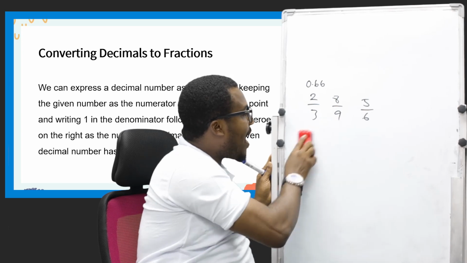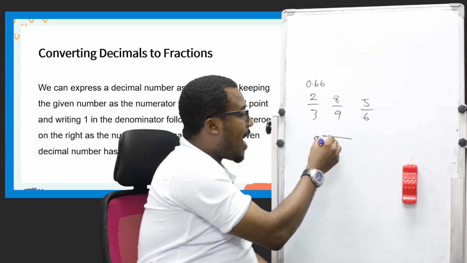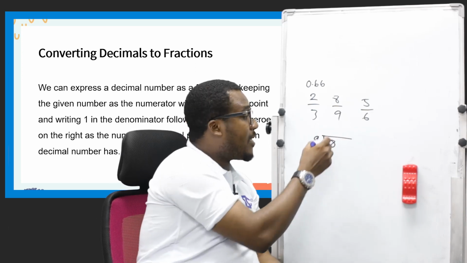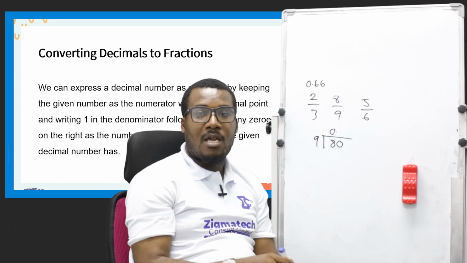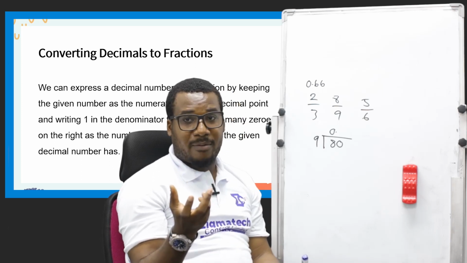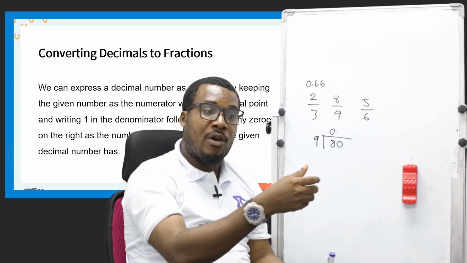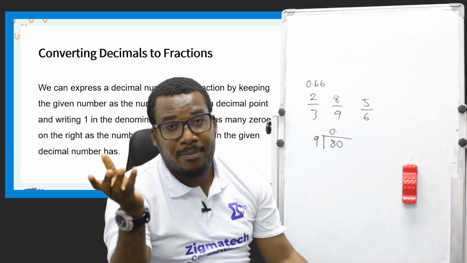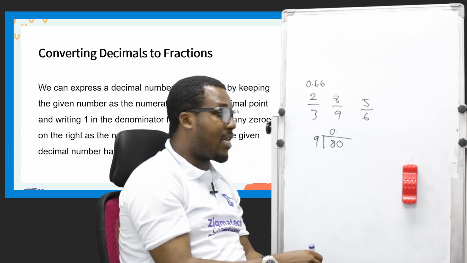And then we take the next one, 8 over 9, so 9 dividing 8. 9 is bigger than 8, so you cannot divide. You add a decimal point and a 0 to make it 80. 9 into 80, we go 8 times, because the multiple of 9 closest to 80 is 9 times 8, which gives us 72. After 72 will be 81, and 81 is greater than 80.